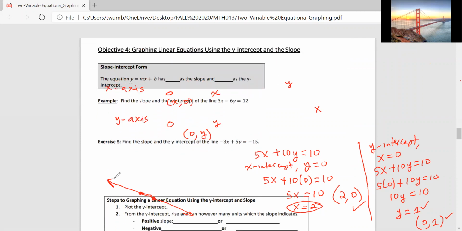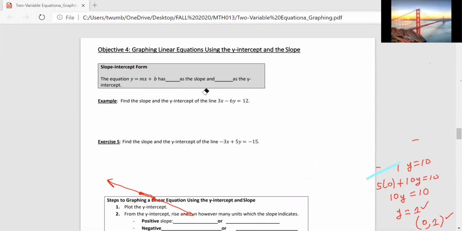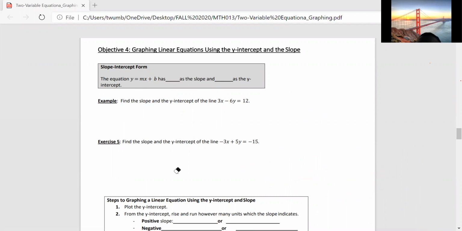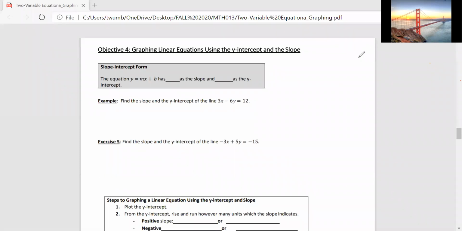Let's look at this objective here. In this particular objective, we're talking about graphing a linear equation using the y-intercept and the slope. Now we have what we call the slope-intercept form.